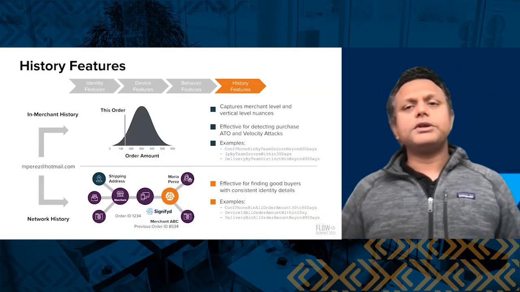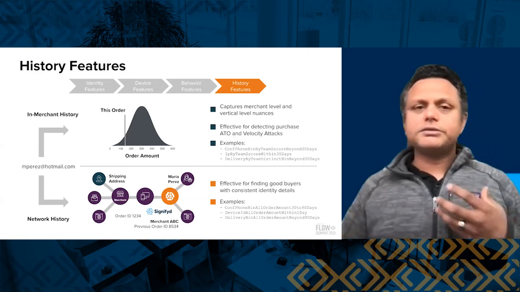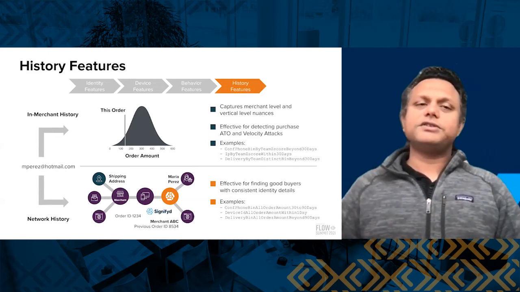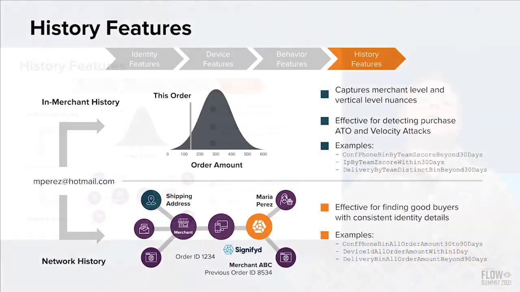And then the last one is the history features. This is the classic set of features that everyone's sort of aware of. In this case also, we separate it into two classes. One we call in-merchant history. For this merchant, does this order look like an anomalous purchase? Is this person buying hundreds of thousands of iPads, for instance?